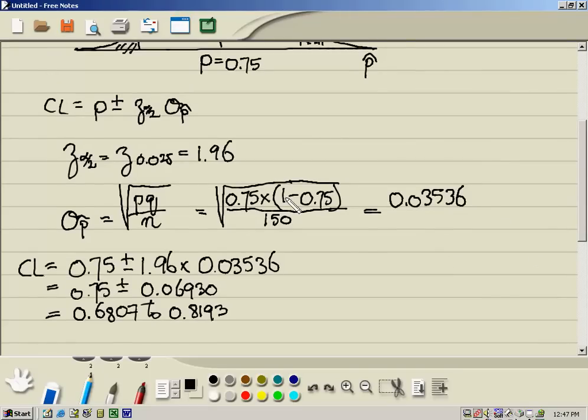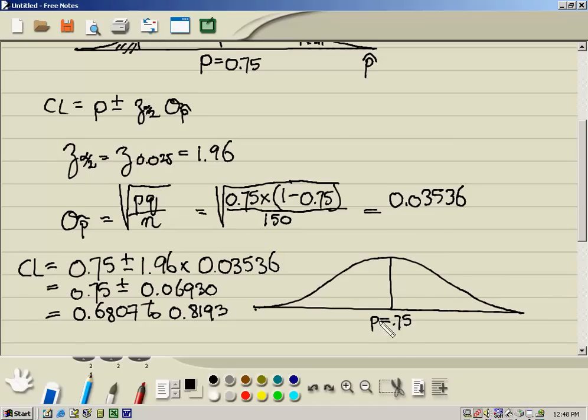So let's redraw the distribution so we can see it in the same place here. The middle of the distribution is the p of 0.75. The lower limit is 0.6807.